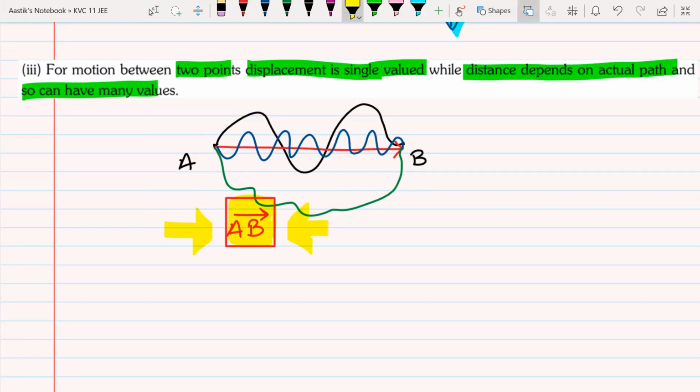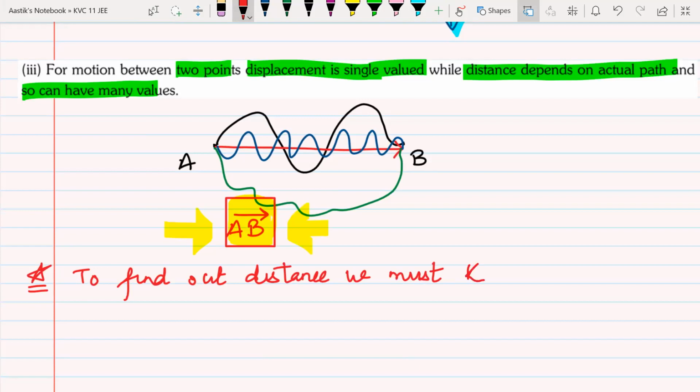Now, if you have understood this, then there is a very important point that you should note. To find out distance, and I hope everyone is writing it, we must know the actual path.